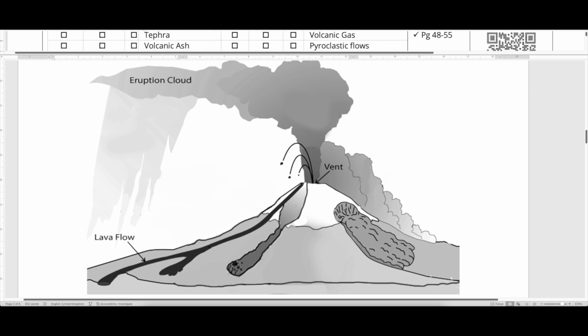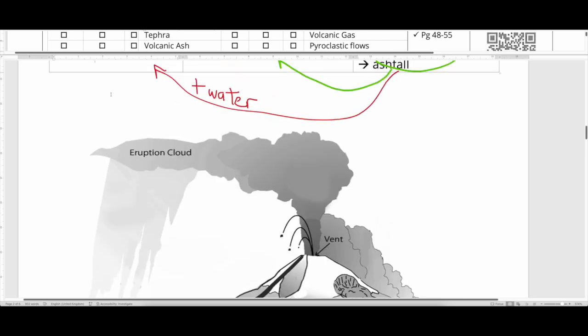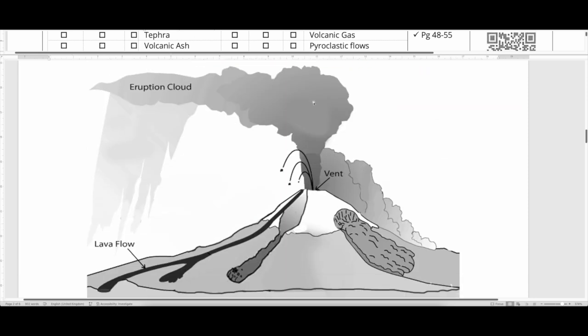Are you done? All right, so let's label them. They've already labeled lava flow for you. So what are these huge things flying above? Those that are visible to you, like opaque stuff, that's basically your ash, volcanic ash.